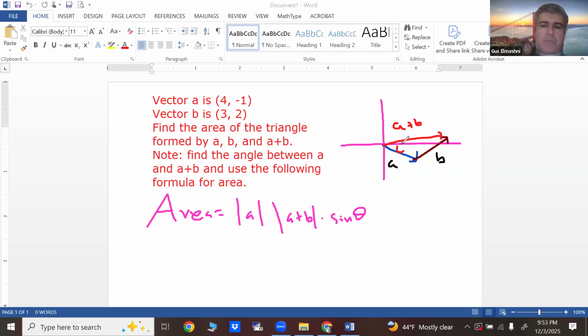So let's find the angle between A and A plus B. In order to do that, you need to do the dot product, which of course will be this.